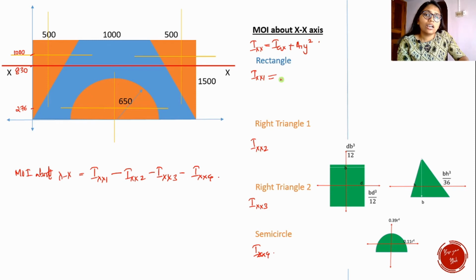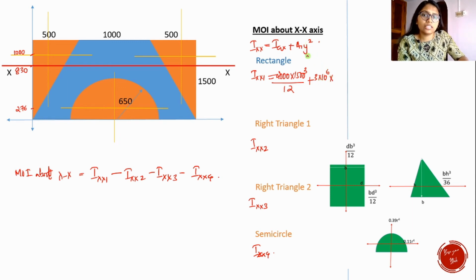Igx means the moment of inertia of the centroidal x-axis taken for the rectangle, okay, and that is BD cube divided by 12, and the base of the rectangle is, see, 500 plus 1000 plus 500, that is 2000 into 1500 cube divided by 12, plus area of the rectangle was 3 into 10 raised to 6 into y square. What is this y?